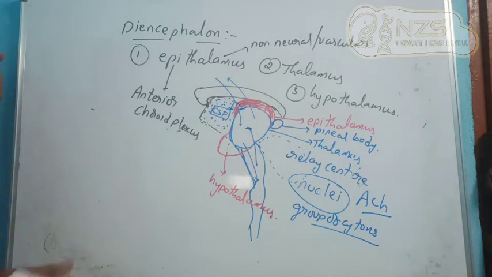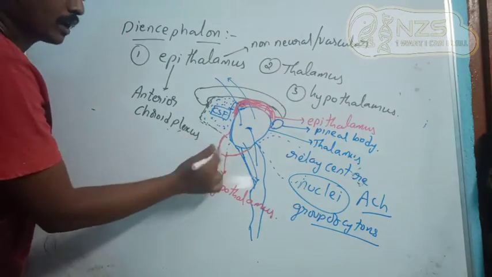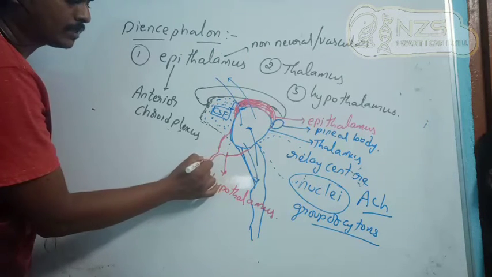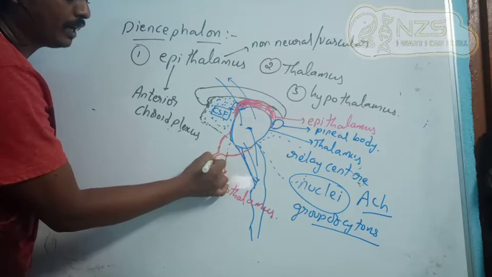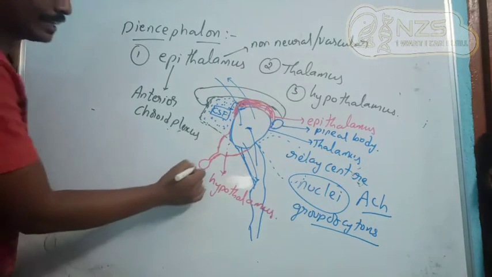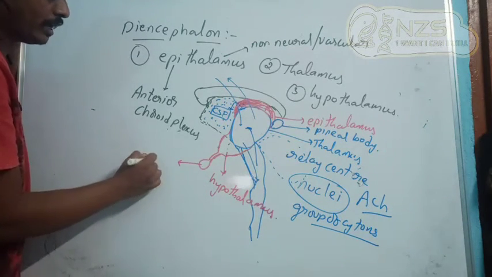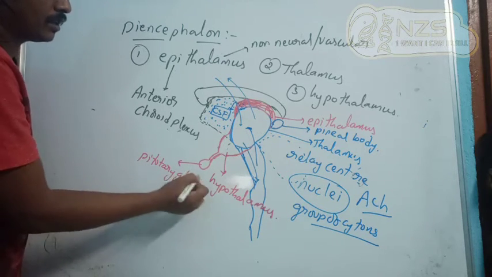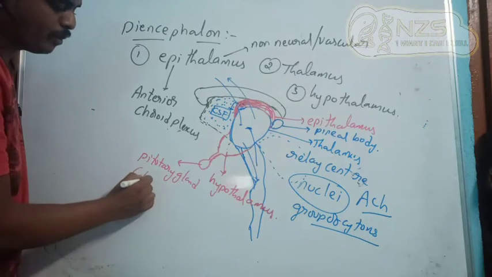Why? Because the hypothalamus contains a small gland called the pituitary gland. So the hypothalamus contains an extension which is called the pituitary gland, or the hypophysis.